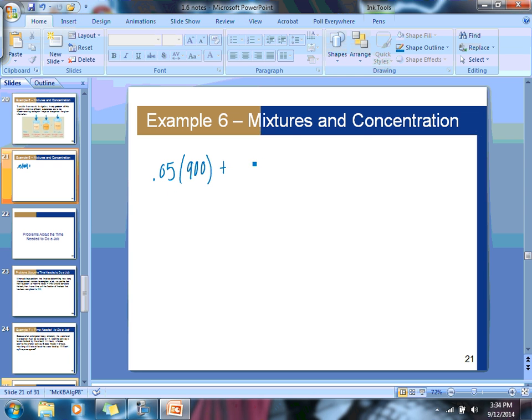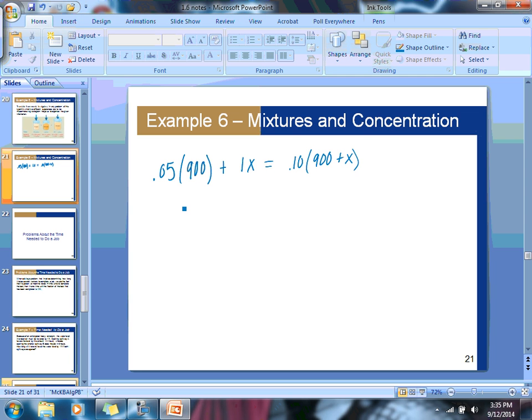And we're going to add X gallons of the 100% juice. So that's 1 times X. And we want to end up with a 10% juice. And the volume for that will be 900 plus whatever we add to it, 900 plus X. So now we have our linear equation that we can solve.